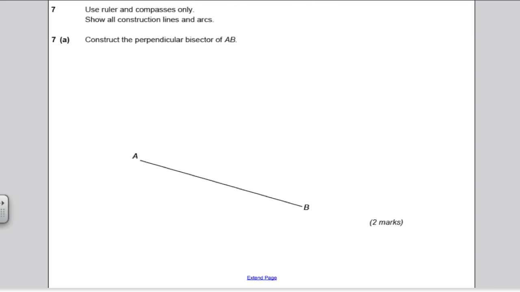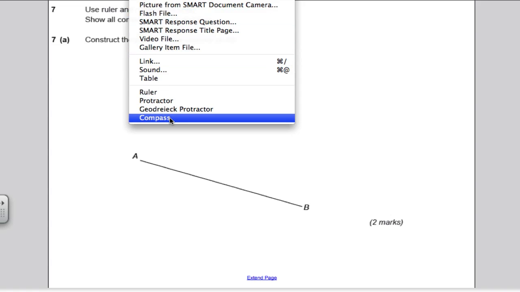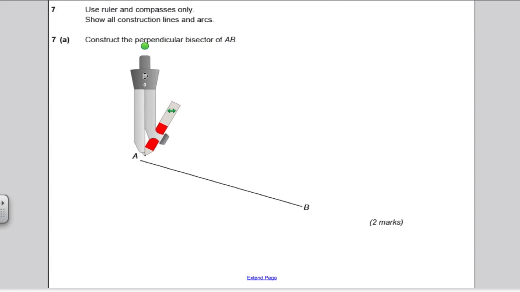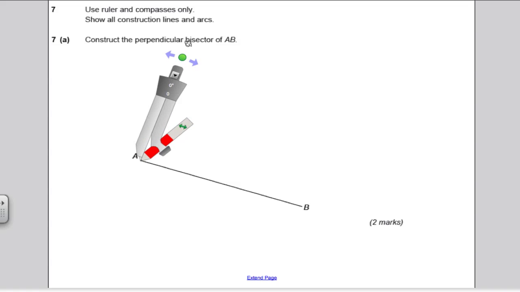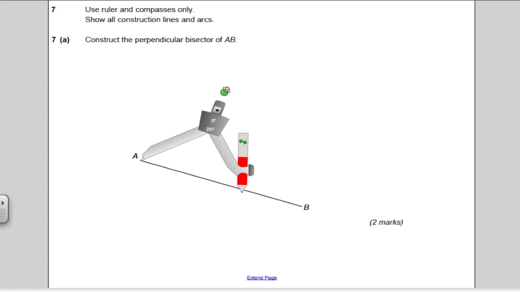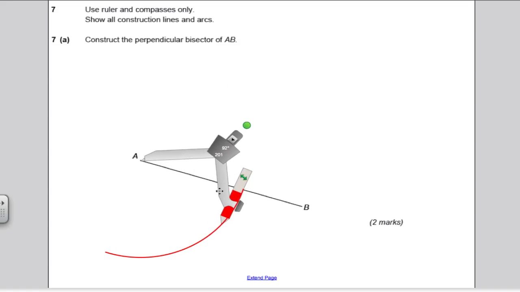Firstly, let's take out a pair of compasses, and what we're going to do to draw the perpendicular bisector is we're going to put the compass on one end here, and we're going to drag out the pencil so it's past halfway. So it's just past halfway, and then we're going to draw an arc from that side there.